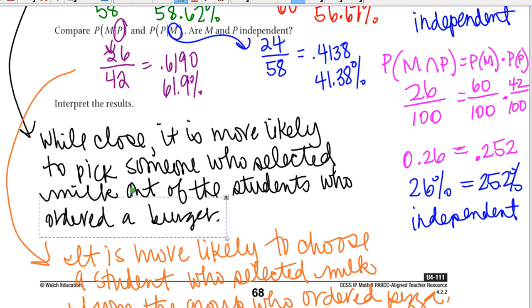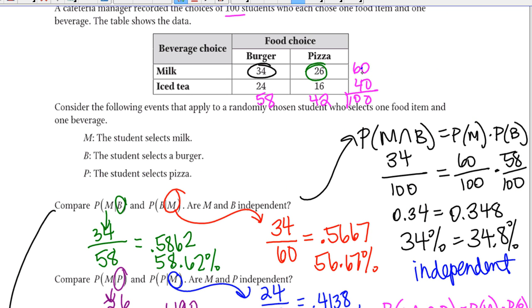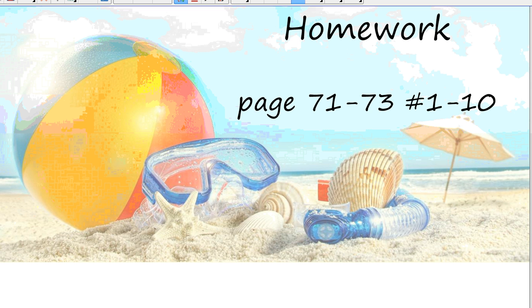Well, if you look at the data, that makes sense because 60 people ordered milk compared to 40. So it makes sense, you know, more people are ordering milk. So that doesn't surprise me. It's not saying that it's going to happen. It makes sense. Okay. So your homework tonight is page 71 to 73, number 1 through 10.